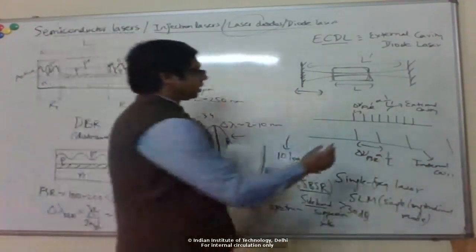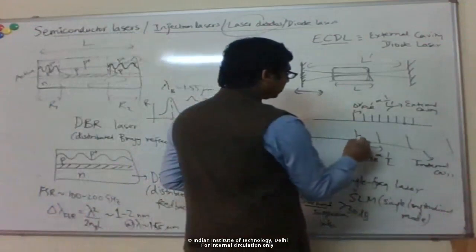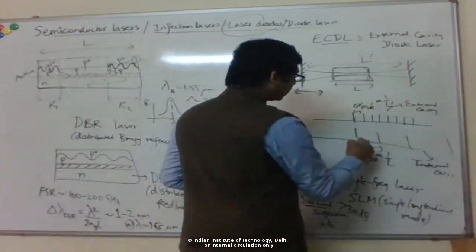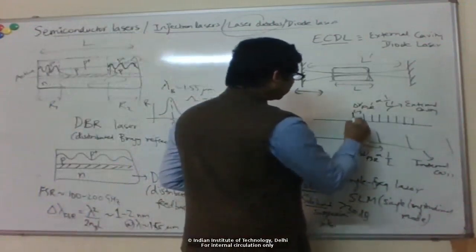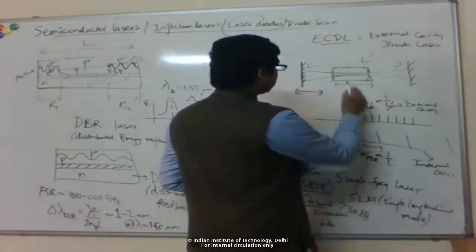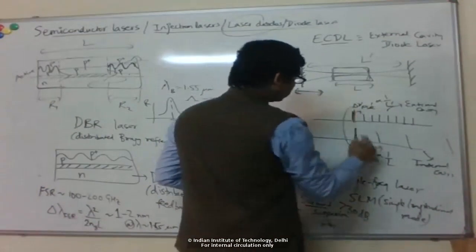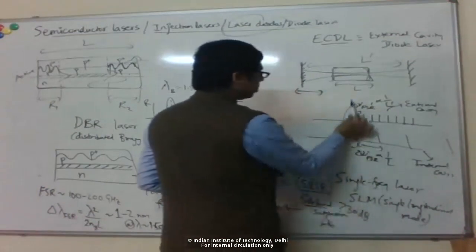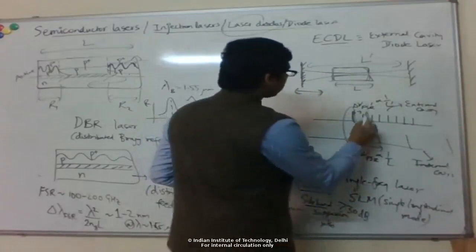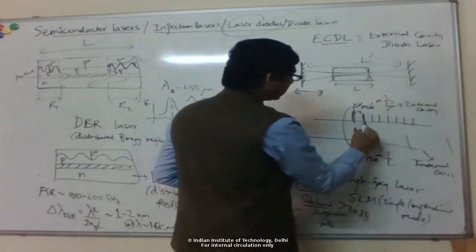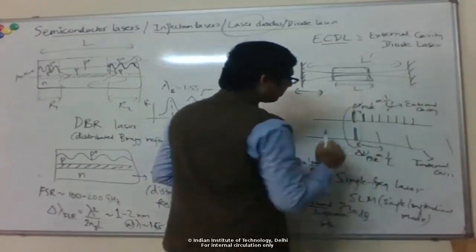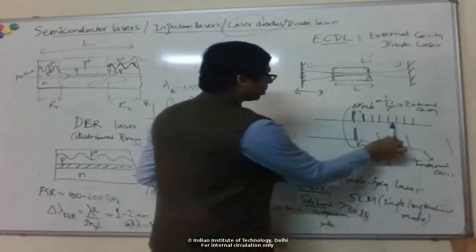And you can see that the modes which will lase are the ones which satisfy both these conditions simultaneously, right? So this mode, let's say, satisfies the round trip condition for the external cavity and the internal cavity. Okay, so these two line up. So this mode can lase, but this next mode for the external cavity does not satisfy the round trip for the laser cavity, so that cannot lase.